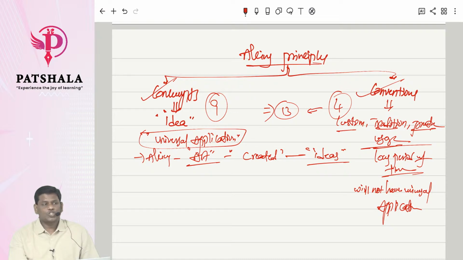Next, it is assumptions. Next, it has universal application.